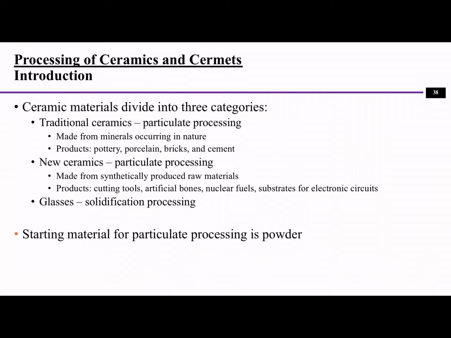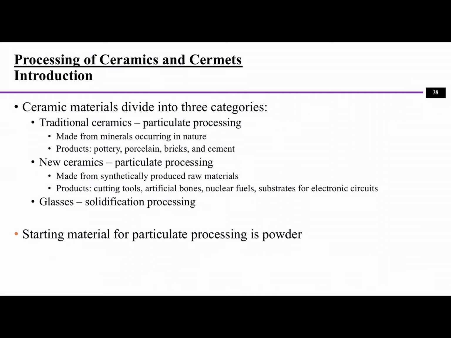New ceramics have powders or raw materials made from synthetic processes, and the products are for special uses, such as cutting tools, artificial bones, or nuclear fuels. Of course, there's another category of ceramics, which is glasses.